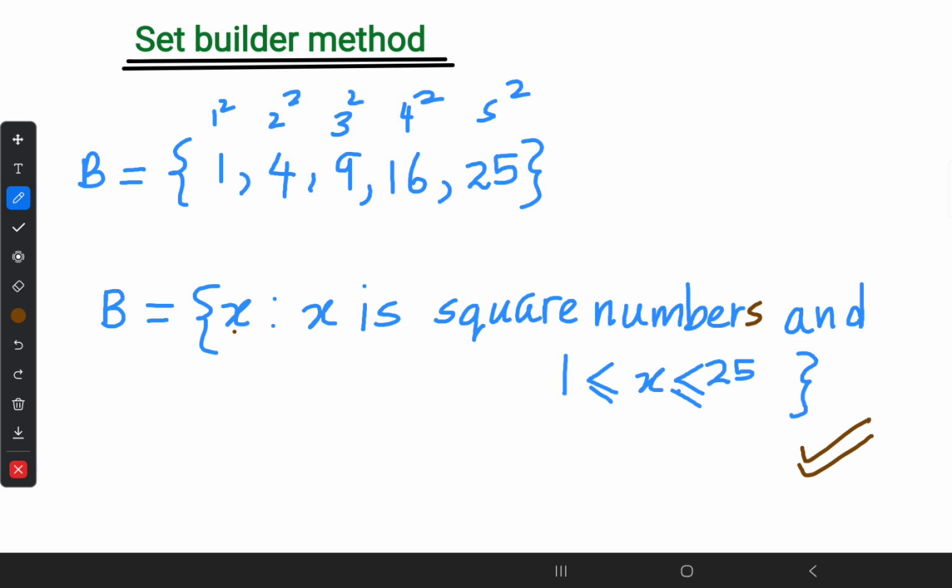It is not compulsory to use x. If you want, you can use n. n is square numbers. That means the solutions in this given set are square numbers situated in between 1 to 25. So that's why we are using a particular variable for a representational mathematical term.